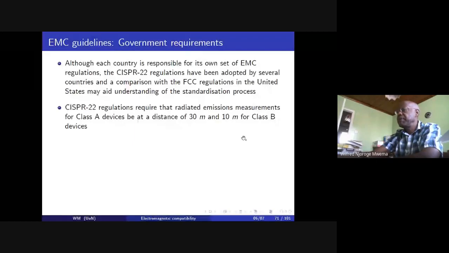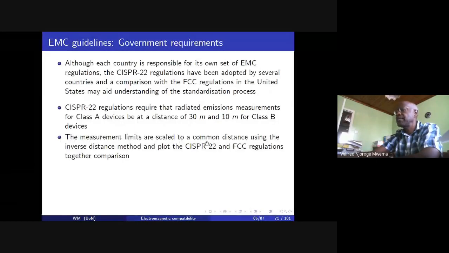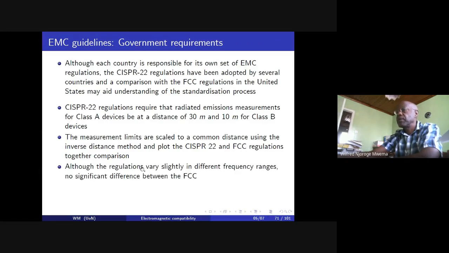The measurement limits are scaled to a common distance using that inverse distance method we have talked about, and the plot of the CISPR 22 and the FCC regulations will then be put together for comparison. Although the regulations vary slightly in different frequency ranges, there are no significant differences between the FCC and the CISPR, which is used mainly in the rest of the world.